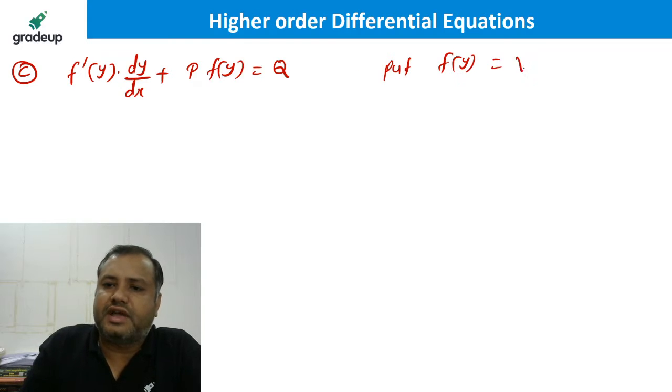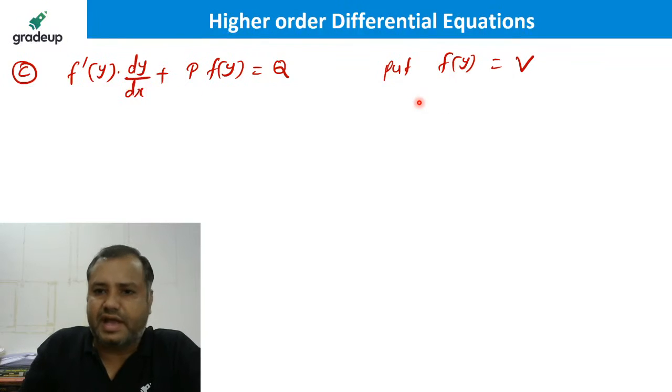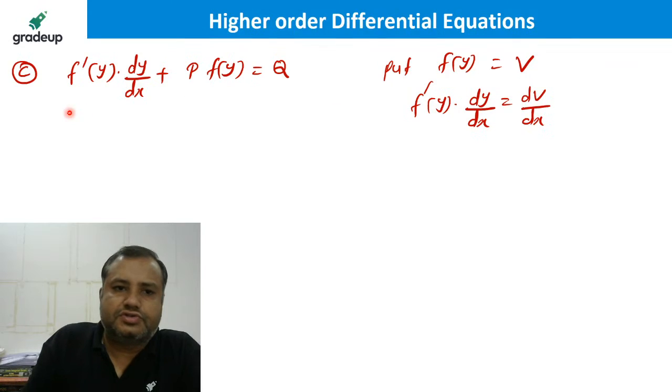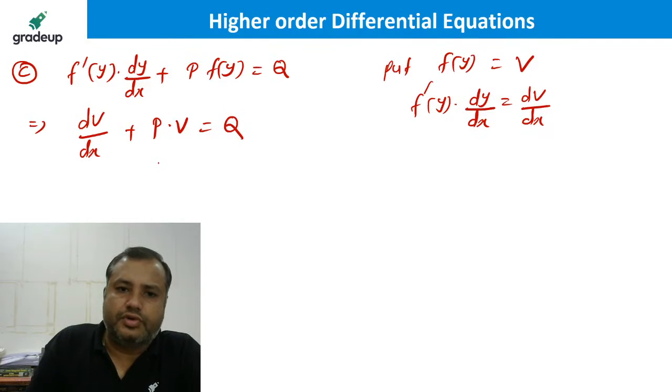Put f of y equal to v. Differentiate with respect to independent variable x. So f dash y, and according to chain rule again differentiate y with respect to x, and dv by dx. So you can see that f dash y dy by dx is dv by dx plus pv equal to q, which is nothing but a linear differential equation.